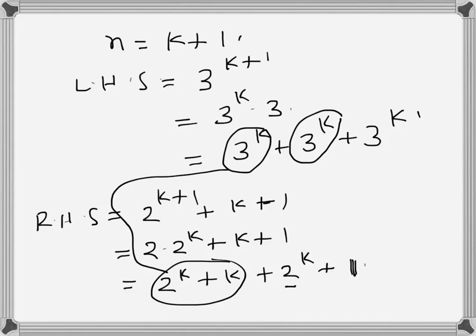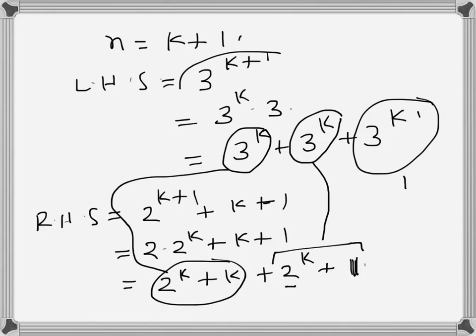K is not 1 actually, because we are doing it for any integer k above 1. So this already has to be greater than this part, and we have an additional 3 to the power k there. So we have shown that this side is greater than this one.